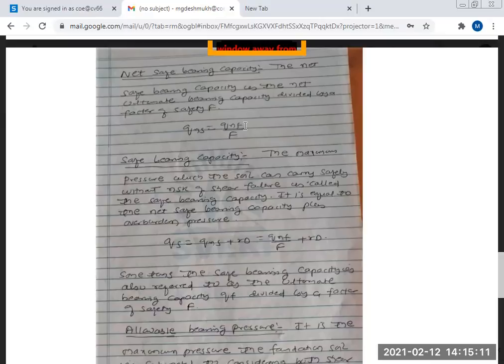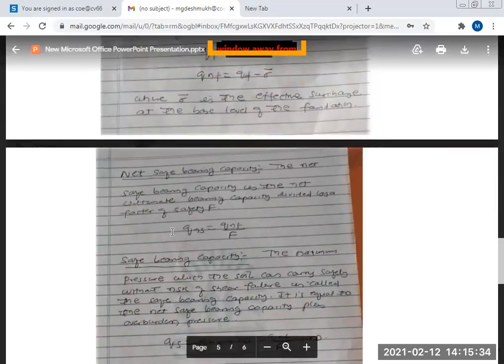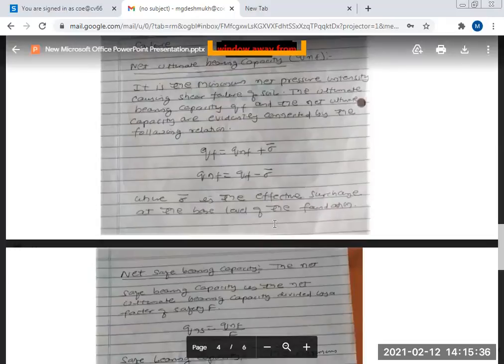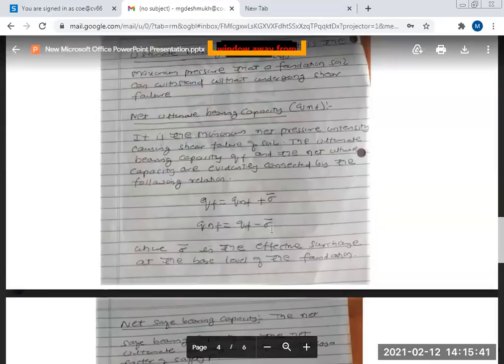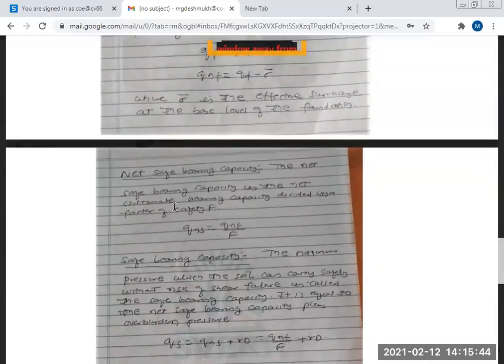Understood? So let me recall once more: what is foundation, what is the purpose of foundation, how you are going to choose a particular type of foundation, what are types of foundation, then what is footing, then what is gross pressure intensity, what is bearing capacity, what is net pressure intensity, what is the relation between them, then what is ultimate bearing capacity, then net ultimate bearing capacity, QNF, and what is the relation between QNF and QF, after that I told you what is net safe bearing capacity.